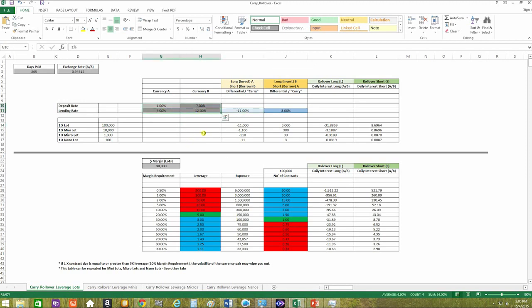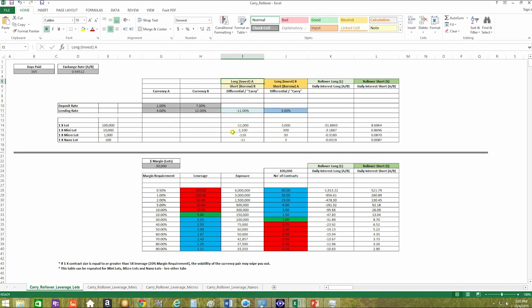These assumptions can be changed, so check your trading platform and you can actually use the numbers from trading platforms to see what interest rate over 365 days the broker has for their deposit rates and lending rates for particular currencies. So these assumptions can be changed, and so can these. Now what matters is the interest rate differential, so the difference between the interest rates.